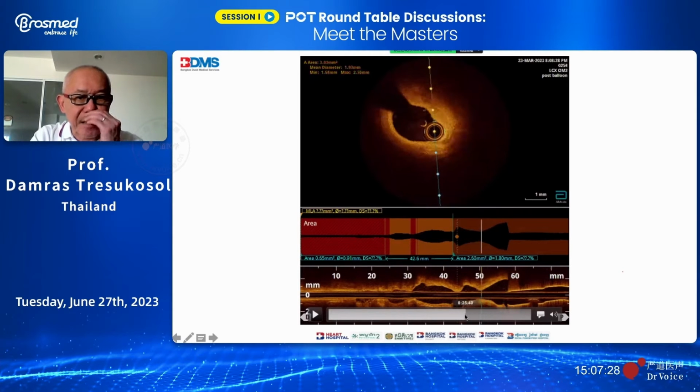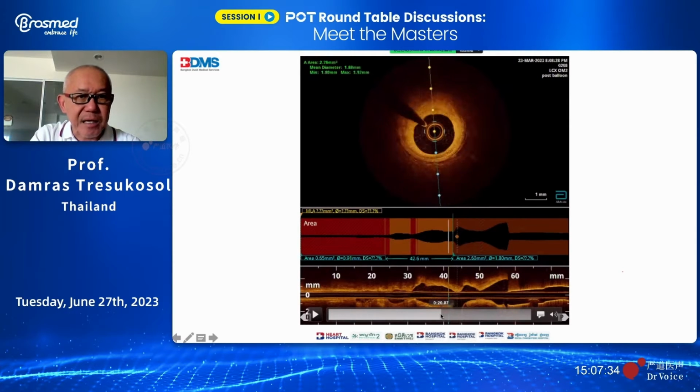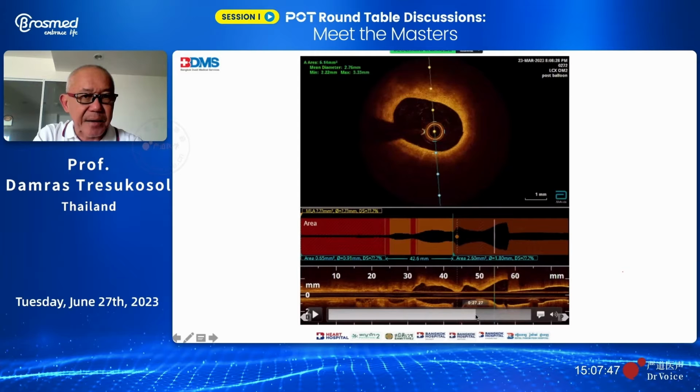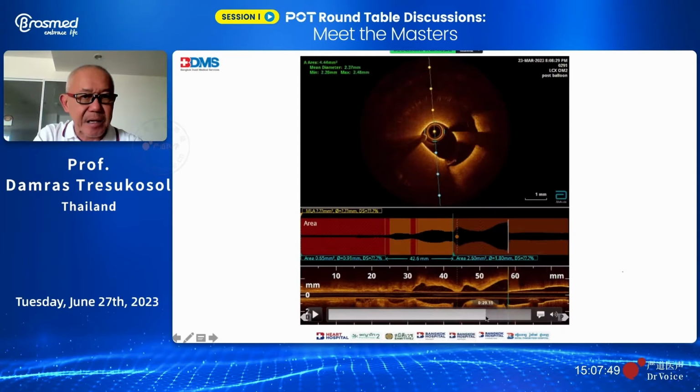So this is the minimal lumen area of the ostial circumflex, and this is the most severe site of the circumflex. So the area of 50 is the ostial circumflex before entering into the left main carina.